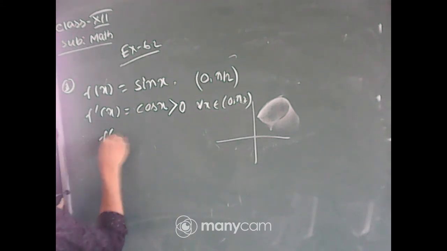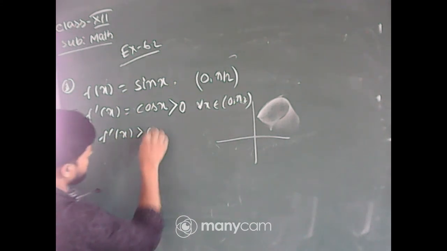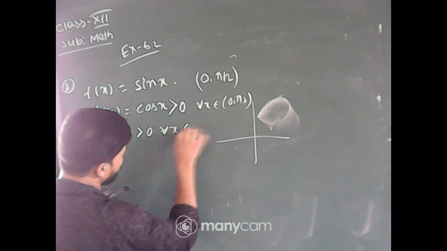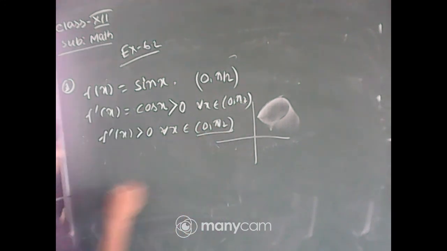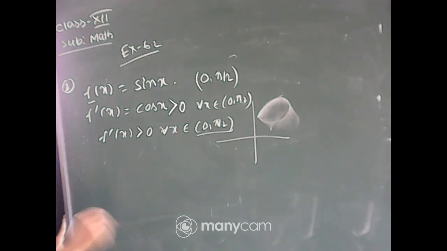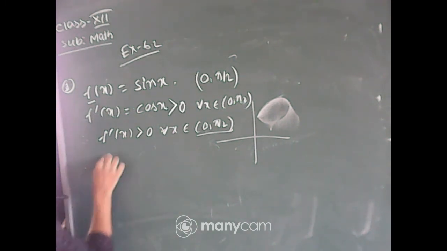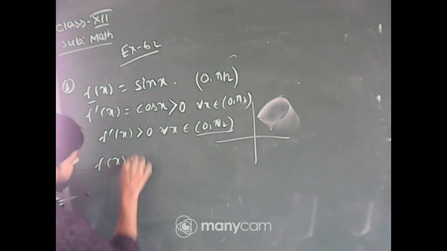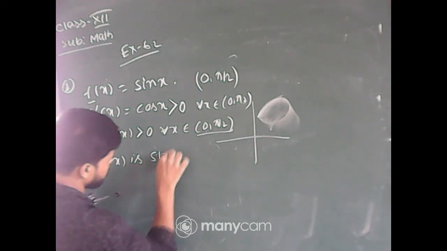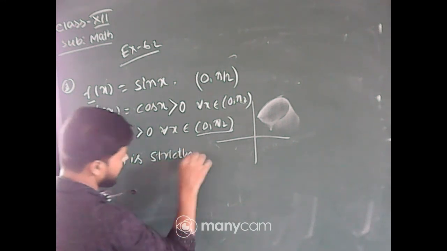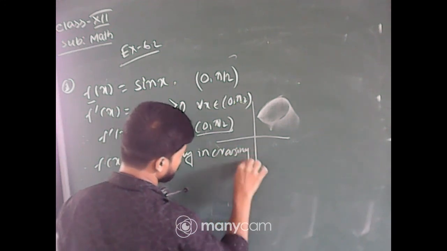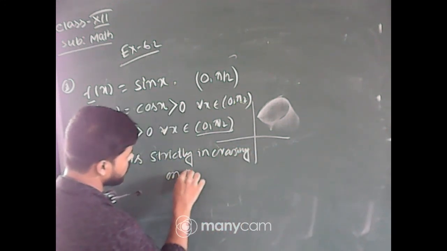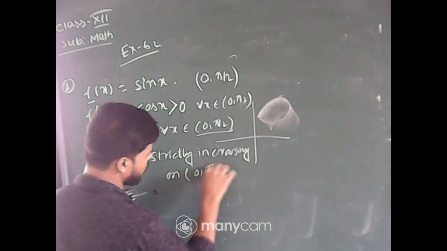So f dash x is greater than 0 for all x belongs to 0 to pi by 2. That means on that interval the function f of x is a strictly increasing function on the interval 0 to pi by 2.